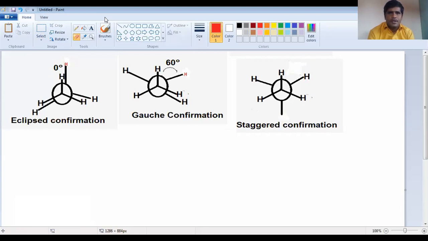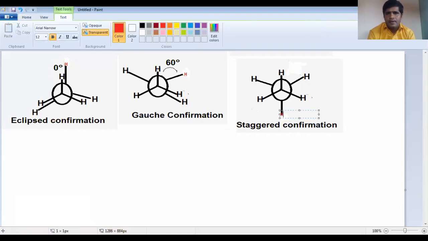This hydrogen is coming at the 180 angle only, through the rotation. Initially at 60 rotation, the hydrogen comes. And then again it will rotate about 120 and 180. So the hydrogen is coming to this location. So this bond angle is called the staggered conformation. Okay, so we are learning about the staggered conformation regarding ethane.